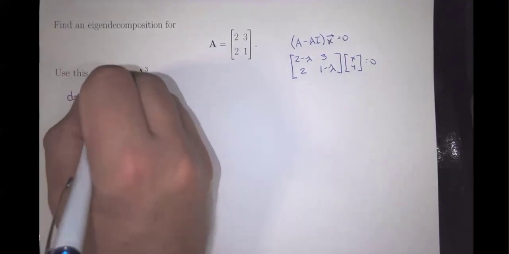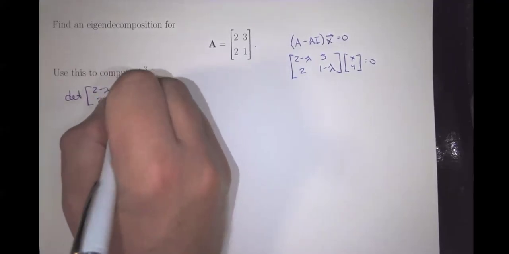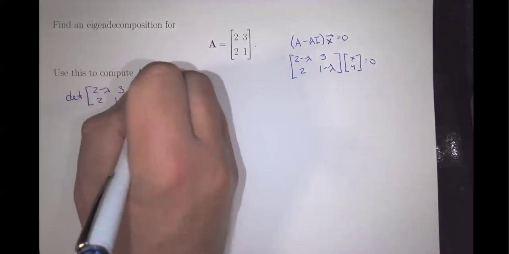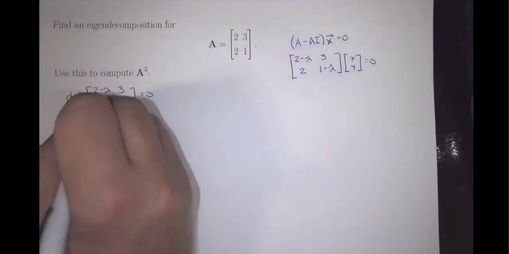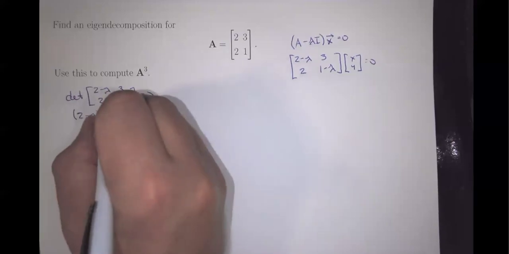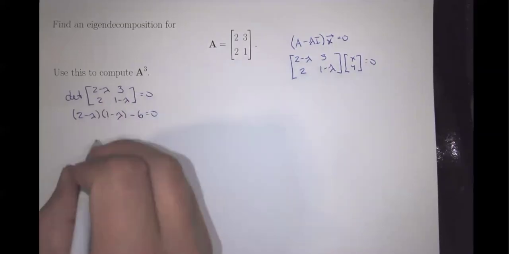So to find the eigenvalues, we look at the determinant of this A minus lambda I, and we set it equal to 0. So we end up with 2 minus lambda times 1 minus lambda, minus 6 equals 0.